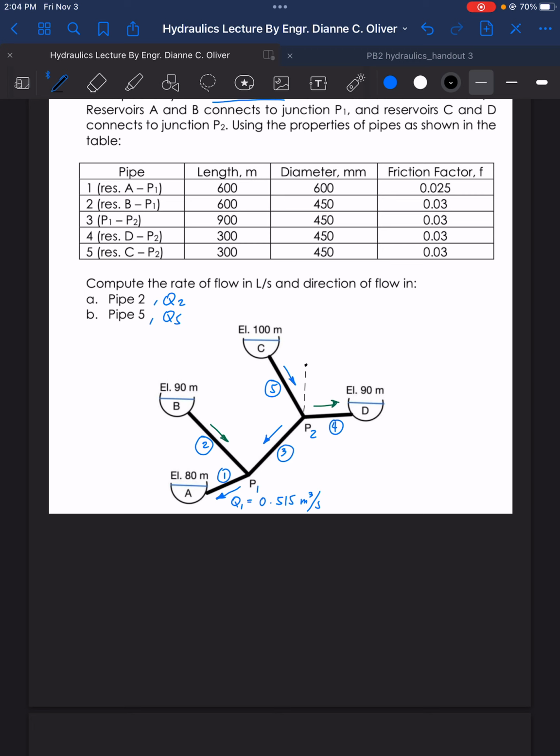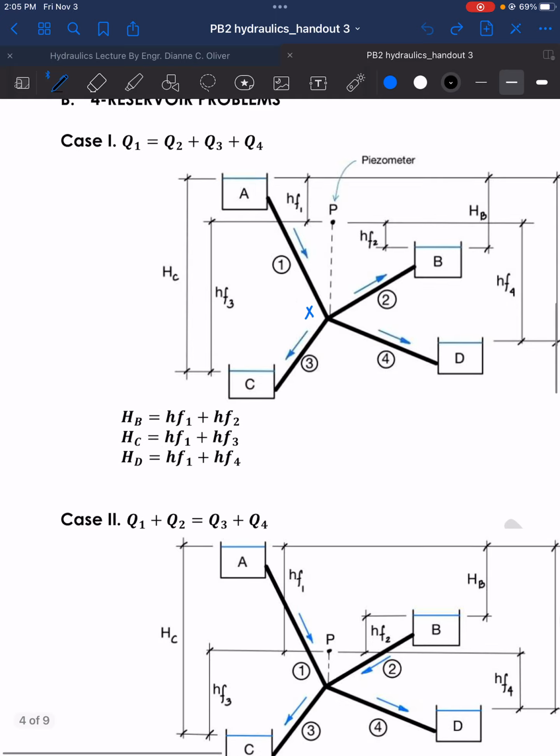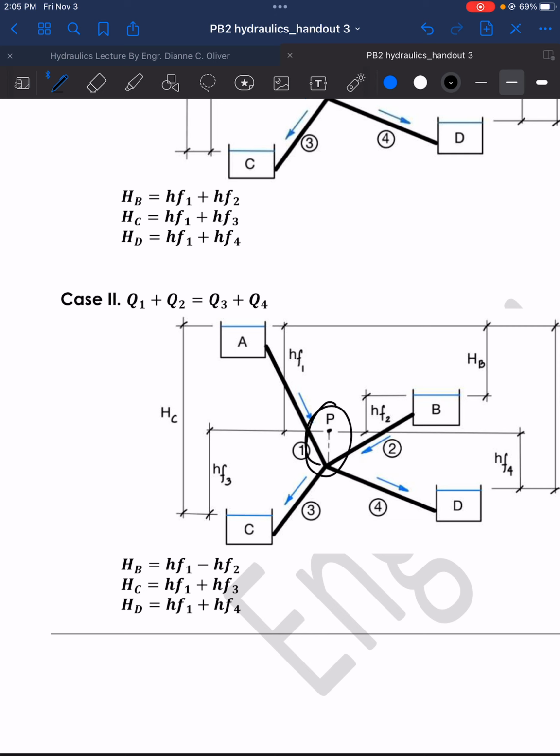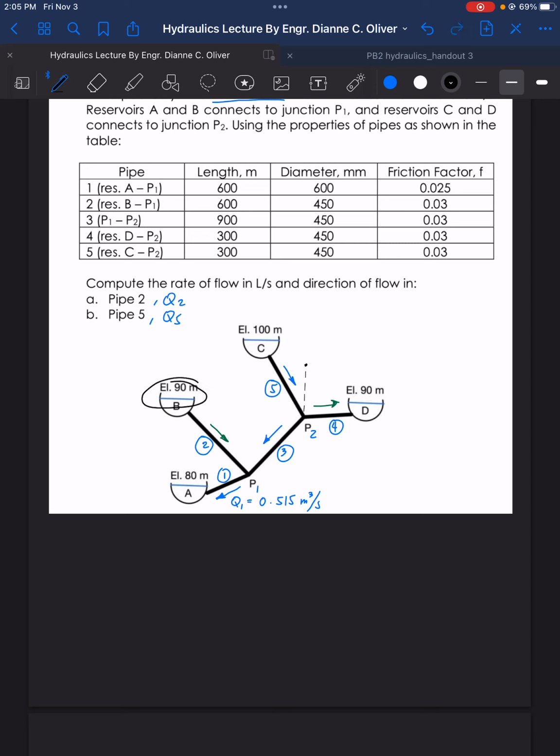How about this? There are two cases. This is case number 1. How about at this point? This flow is towards the junction, therefore that is case number 2, wherein P is lower than B. So P will be located here. Let's name this piezometer reading P.